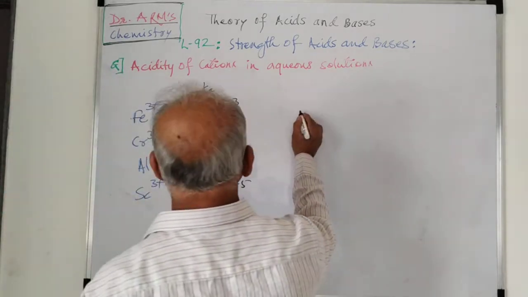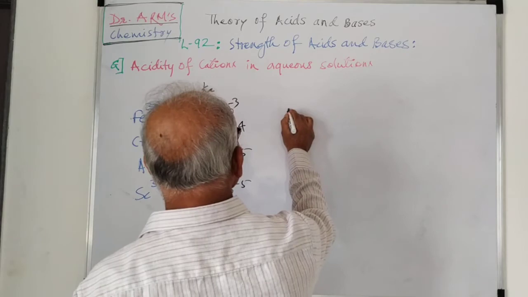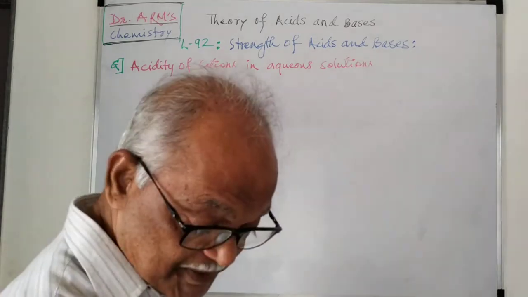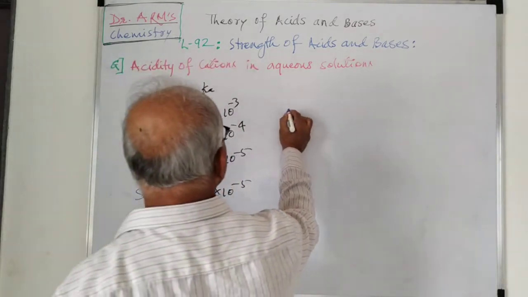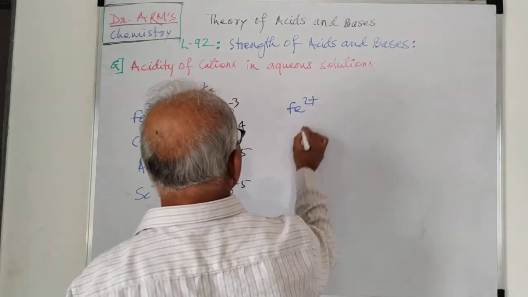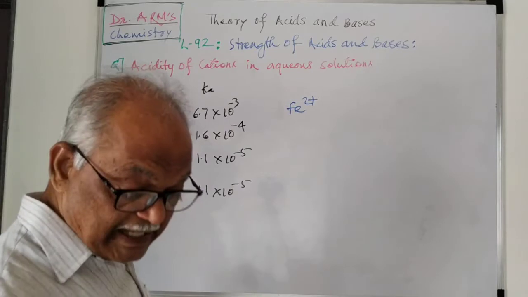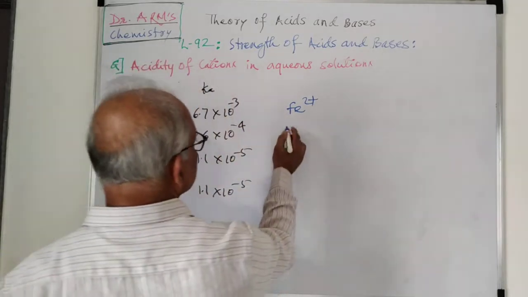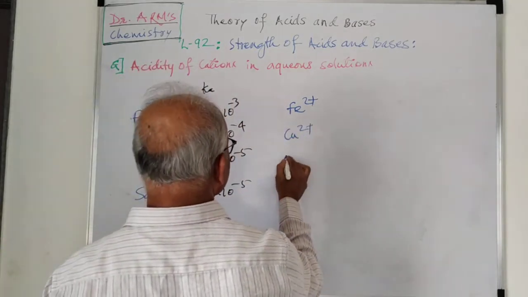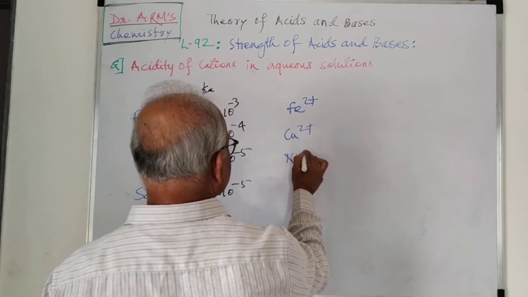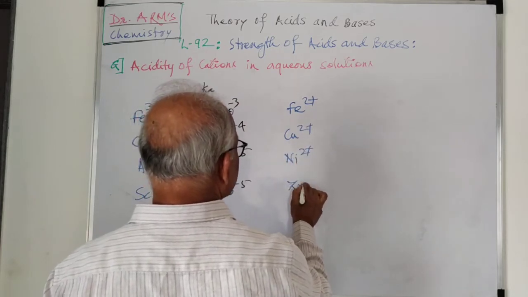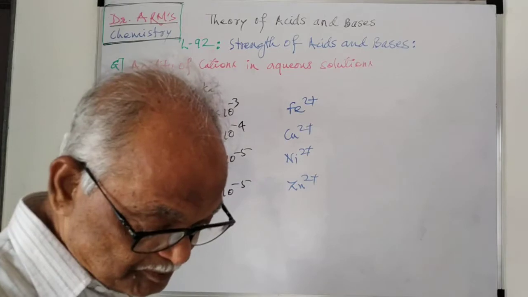Now if we take the oxidation states of other metal ions, that is Fe2 plus, Zn2 plus, Cu2 plus, then Ni2 plus, Zn2 plus, etc.